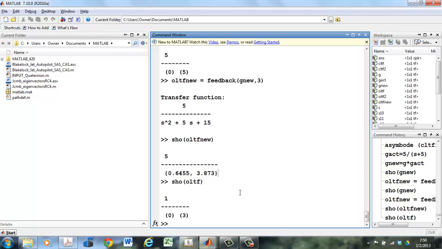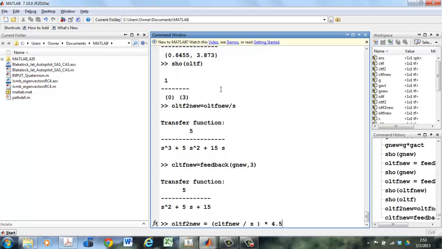So here I've taken the feedback for the new system, fed it back through and then I will integrate that inner loop closed loop transfer function divided by s to get theta, and use my 4.5 gain to create a new OLTF new transfer function.